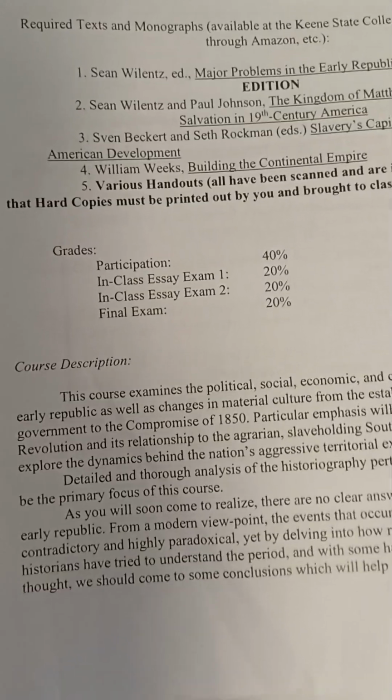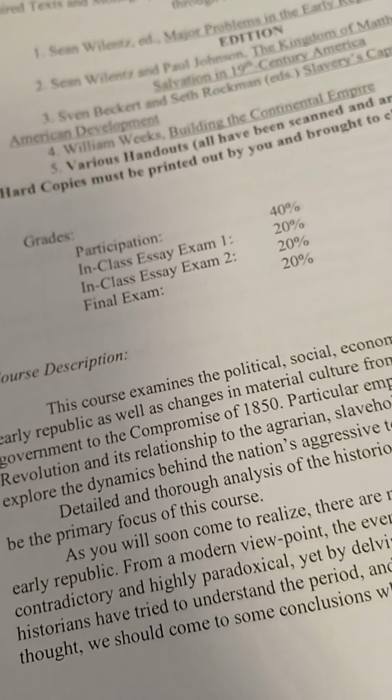If you can see, slavery participation is 40% of my grade in the exams. That means if you answer questions in class, it goes towards your final grade, which is quite good, because some people aren't that good with exams, which I'm alright at.